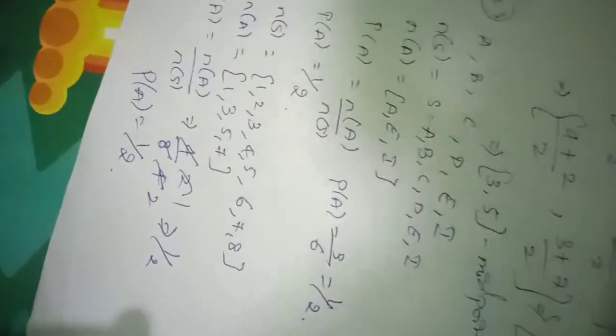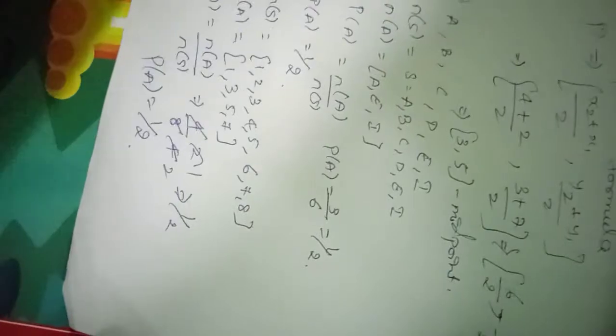Then we have the 24th question. Draw a circle of radius 4 cm and construct a pair of tangents to the circle such that the angle between the tangents is 60 degrees. They are asking us to construct a circle of 4 cm radius, with the angle between the tangents being 60 degrees.